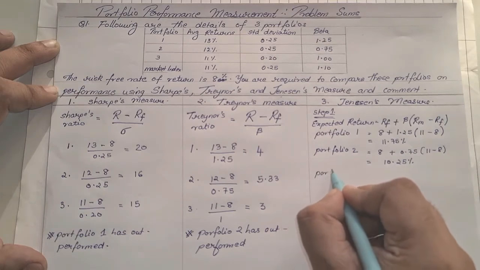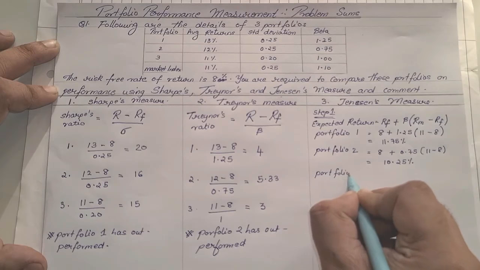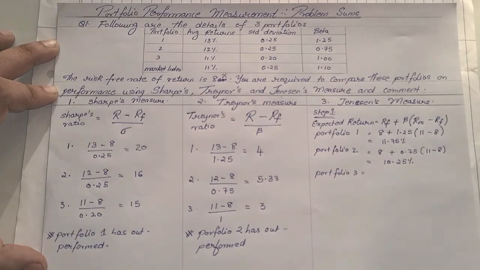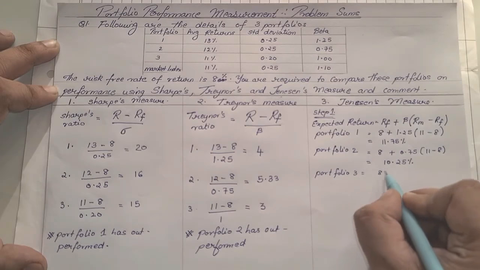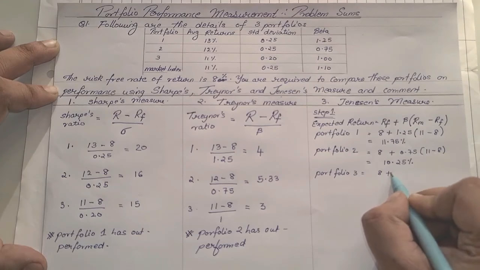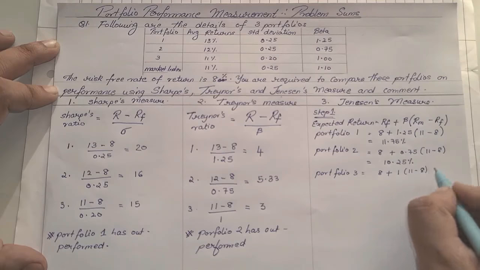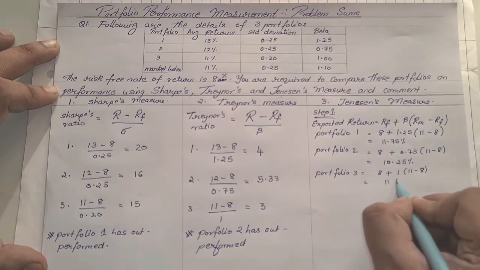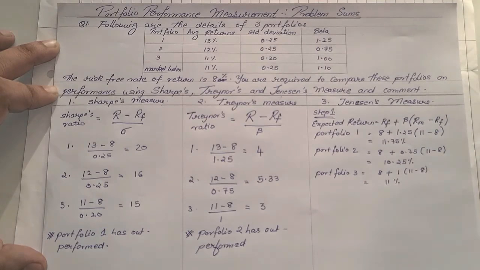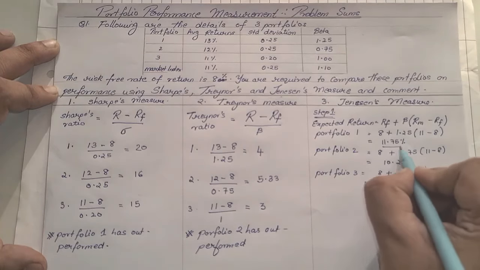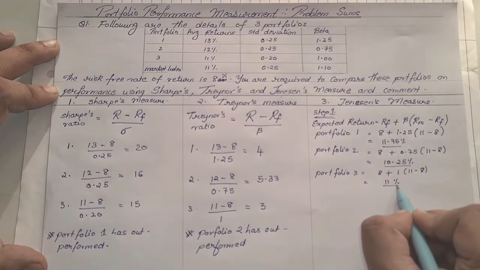Same, we go for portfolio 3. Now for portfolio 3, again the start would have been same, 8 plus the beta value for the third is 1, 11 minus 8. So the value that you all should have got would have been 11%. That's step number 1. So first we need to get the expected return for all the 3 portfolios.